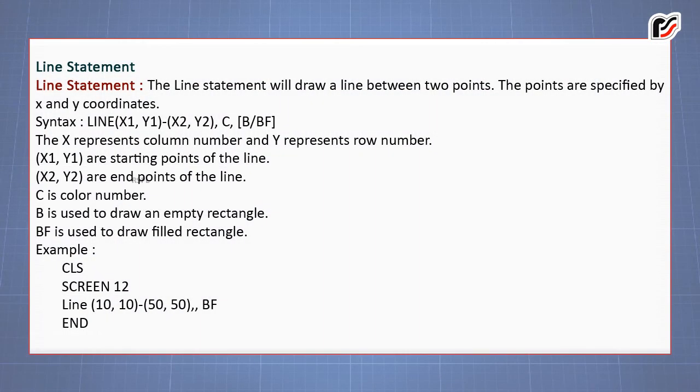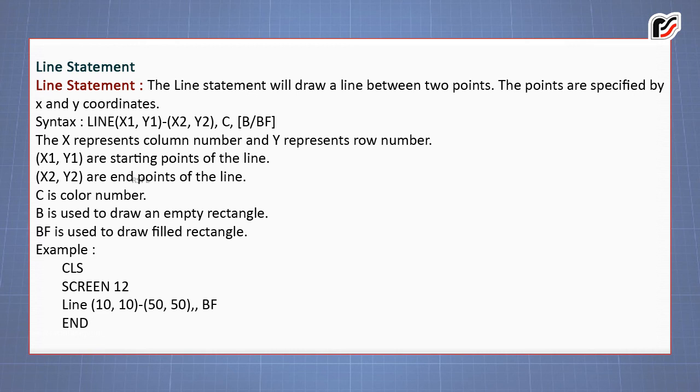Line statement. The line statement will draw a line between 2 points. The points are specified by X and Y coordinates. Syntax: line X1, Y1 minus X2, Y2, C, B or BF. X represents the column number and Y represents the row number.